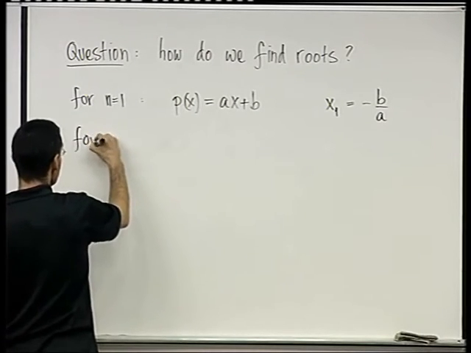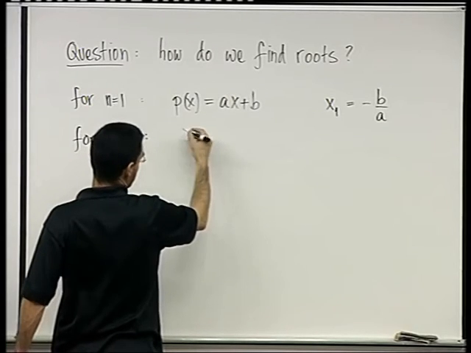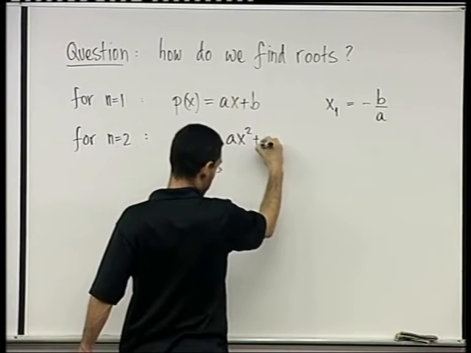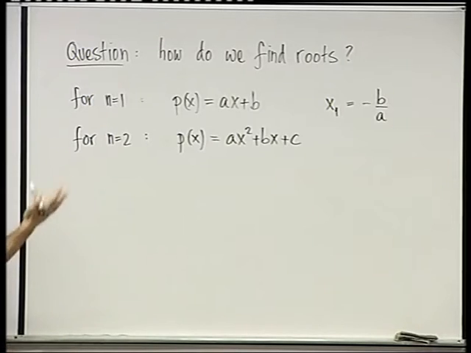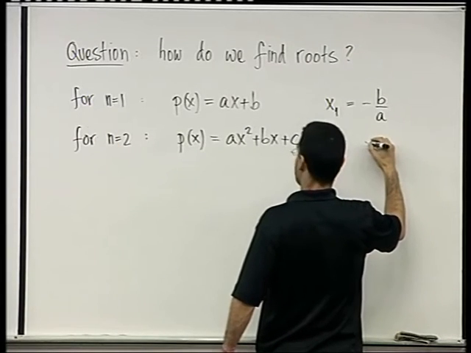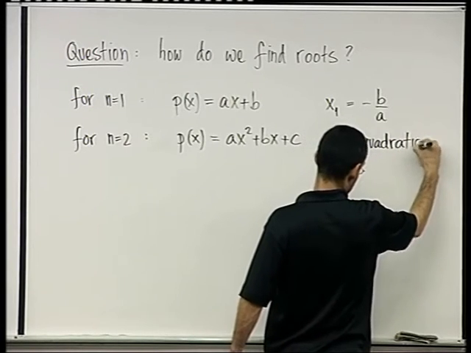For n equals 2, we have a polynomial of the form p of x equals ax squared plus bx plus c. And how do we cope with this one? Right, we've just seen it. It's the quadratic formula.